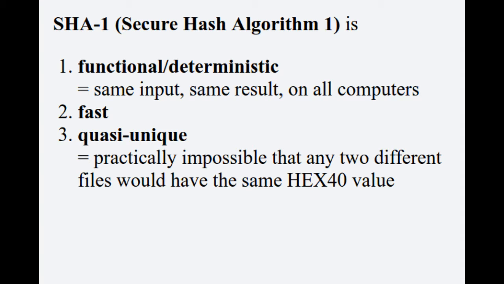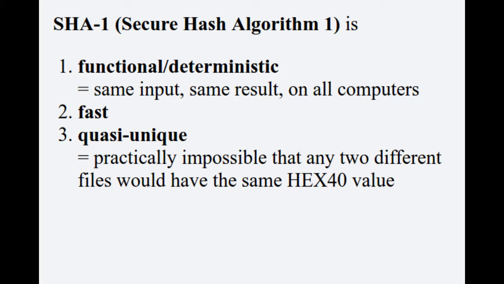Third, it is quasi-unique. A function is unique or injective, in proper mathematical jargon, when two different inputs always produce different results. To be precise, the SHA-1 cannot really promise that. When an actually infinite amount of different files is mapped to the finite amount of hex 40 numerals, there will always have to be many different files that do have the same value.